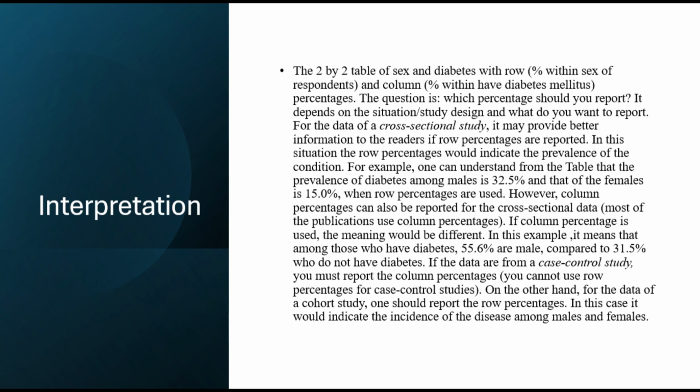If the data are from a case control study, you must report the column percentages. You cannot use row percentages for case control studies. On the other hand, for the data of a cohort study, one should report the row percentages. In this case, it would indicate the incidence of the disease among males and females.